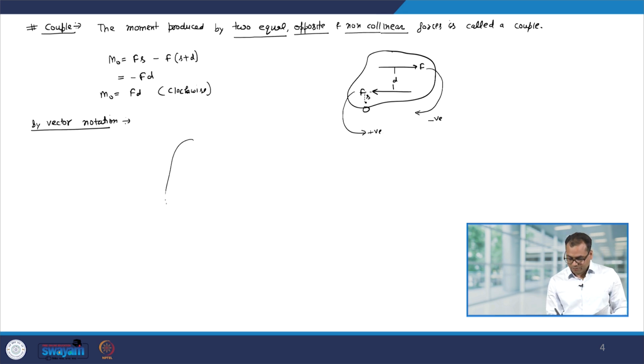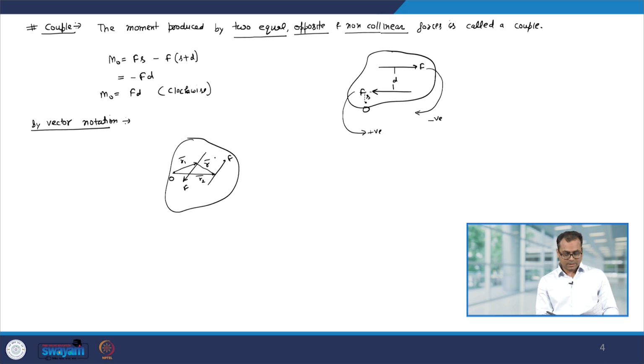So, again let us say I have this rigid body and I have two forces F and F which are equal and opposite and let us say I want to calculate the moment about O. So, I draw a vector r1 to the line of action of this F and again I draw another vector r2 to the line of action of the other F, and let us say this r is r2 minus r1. So, we can see that r1 plus r gives me r2, or r2 minus r1 is nothing but r.